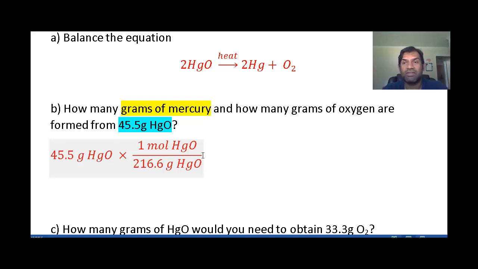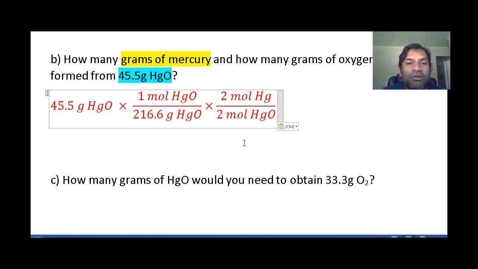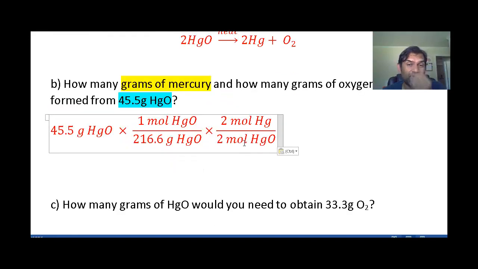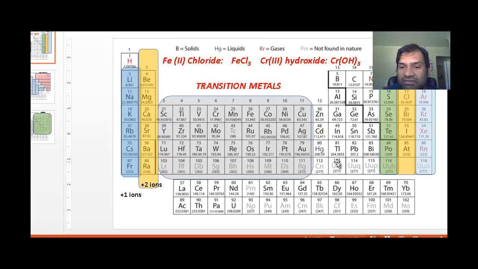Again, this is where the definition of the mole comes in. The coefficients of the balanced chemical equation give us the mole-mole relationship, only if the equation is balanced. All right, so now we've got that relationship stemming from our equation. Now it's just a matter of converting the moles of Hg to grams of Hg, and we already know that for every 1 mole of Hg, we have 200.59 grams of Hg.